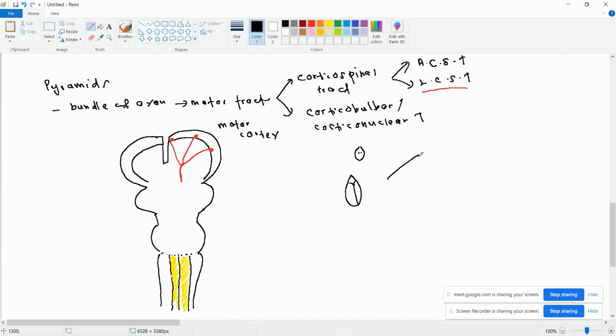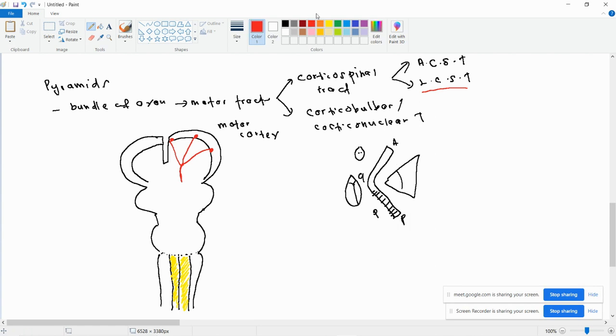Posterior limb. Alright, very very good. It forms your posterior limb, this region, right? Because this is the anterior limb, this is the posterior limb, and this is the genu of the internal capsule. Am I right?